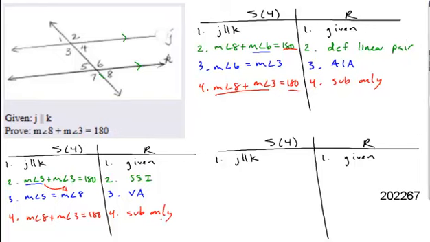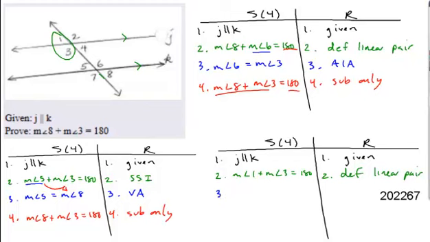All right, the last example of this, again, I used SSI, I used AIA. What if I did, let's say on this, I used angle 1 plus angle 3 equals 180? What justifies that? These are definition of linear pair.